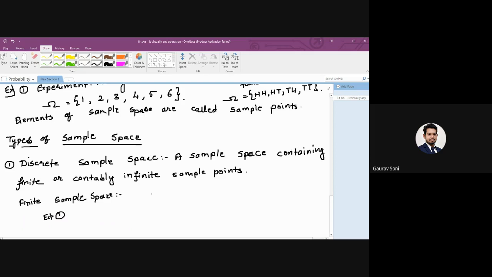These look like omega 1, omega 2, up to omega n. So there are n number of elements.